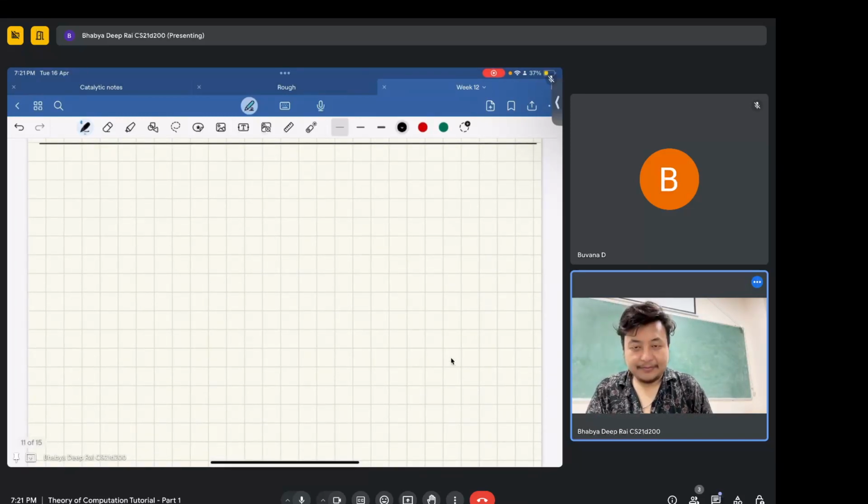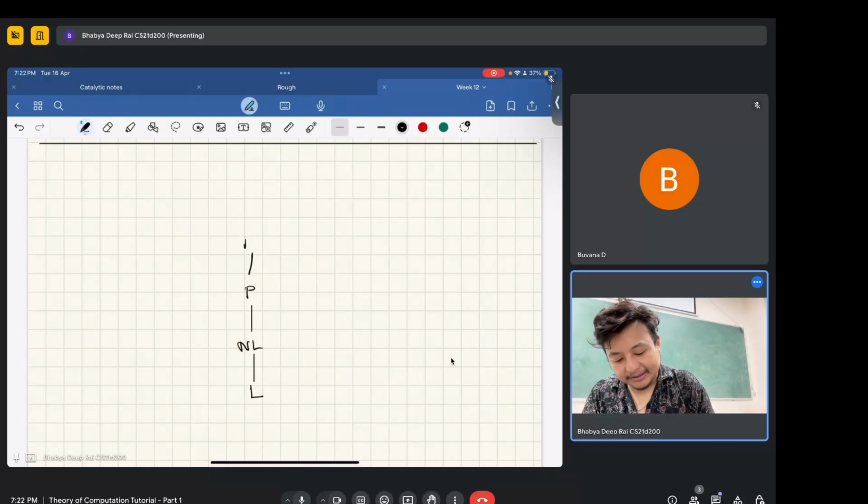Firstly, we have L, which is a very weak class. It is contained in NL. NL itself is contained in P. P is contained in NP. Now NP is contained in PSPACE, and PSPACE is contained in EXP.